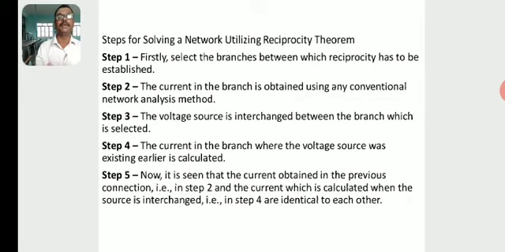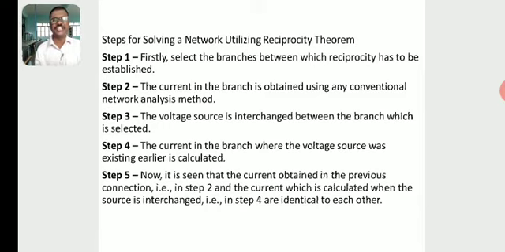Step 4, the current in the branch where the voltage source existed earlier is calculated. It is seen that the current obtained in the previous connection, in step 2, and the current calculated after the sources are interchanged, in step 4, are identical to each other.